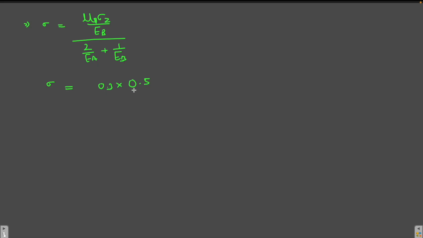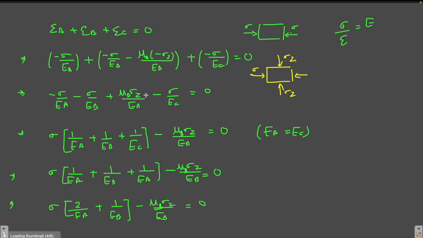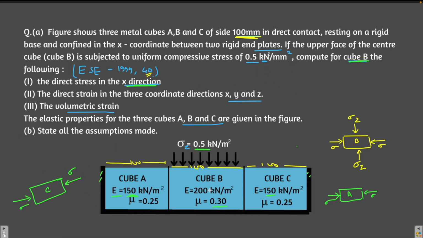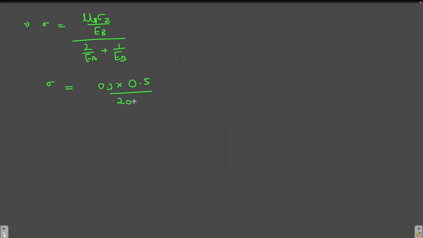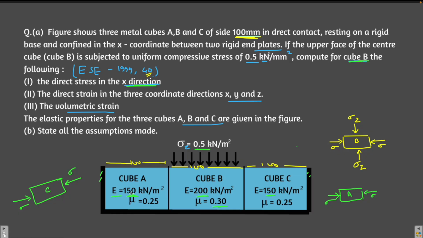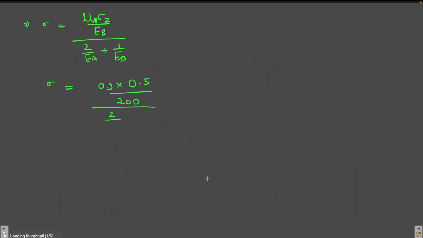EB is given to you as 200 kilonewton per meter square, by 2 by EA. EA is how much? 150, I guess. So EA is 150 and EC is also 150. 2 by 150, and what is EB? The value of EB is 200. So solving this, we'll get the value of sigma.